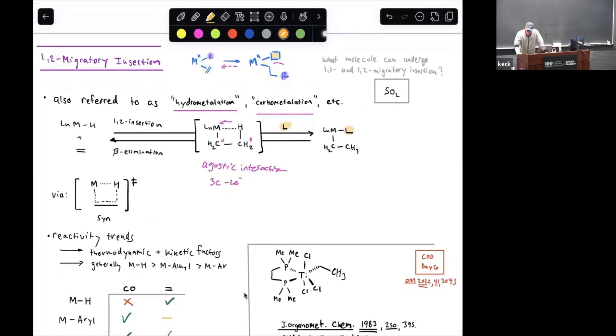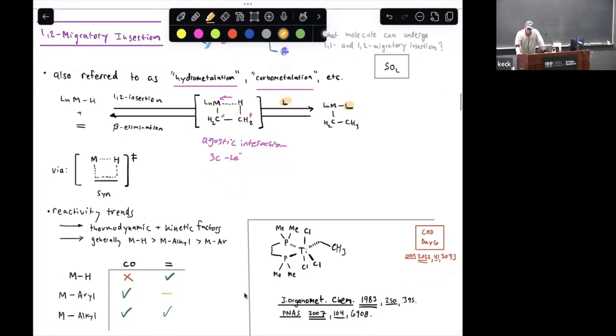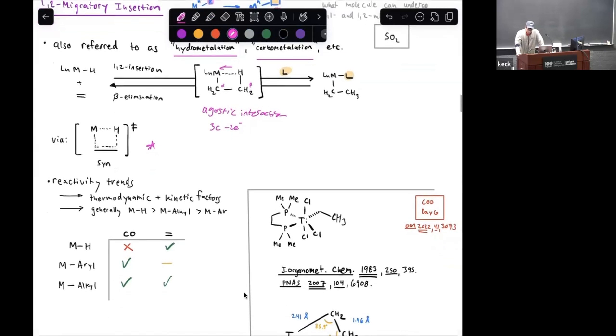In many cases, this will provide, or contribute to providing, the thermodynamic driving force for the overall forward reaction. The process is syn stereospecific, as you can appreciate from the mechanism, at least in the classical 1,2 migratory insertion.